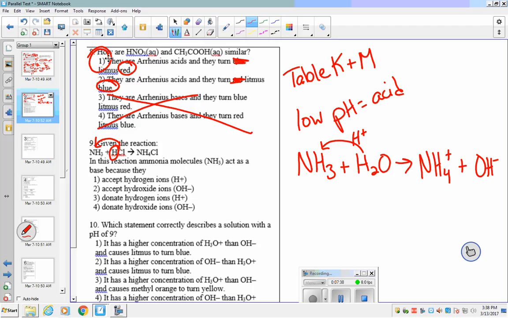So what's actually occurring here is you can say that ammonia acts as a base because it accepts hydrogen ions. So definitionally speaking, we want to accept hydrogen ions. When we are accepting hydrogen ions, again, this is very definitional. So this comes from that alternative theory, which is discussed on page 4 in your packet.